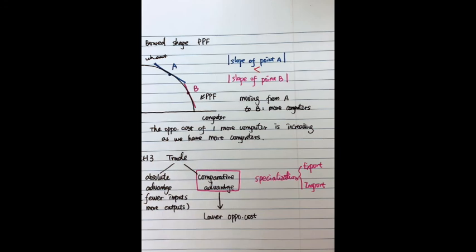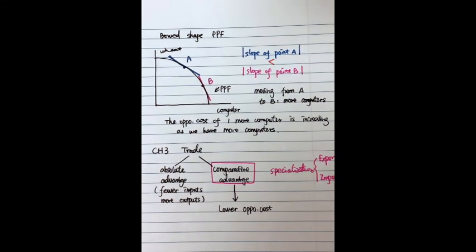There is a trick I want to tell you. Most of the time we will talk about only 2 goods, 2 countries, right? And 1 country can have absolute advantage in both goods. That is possible. However, a country cannot have comparative advantage in both goods, okay? So in the exam or during homework, if you can figure out that 1 country has comparative advantage in 1 good, then the other country should have comparative advantage in the other good.